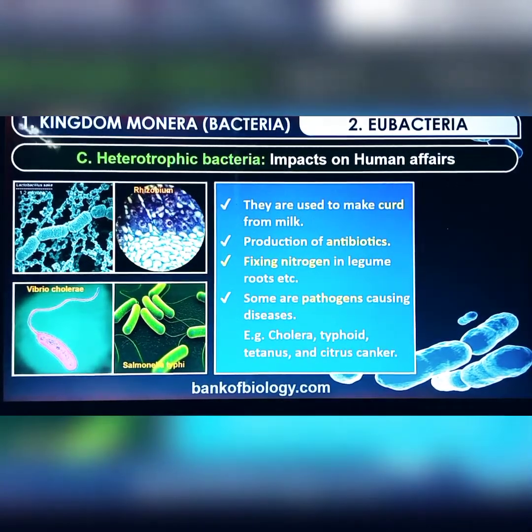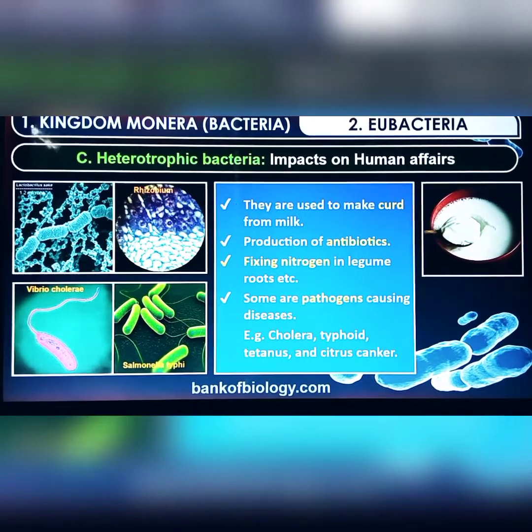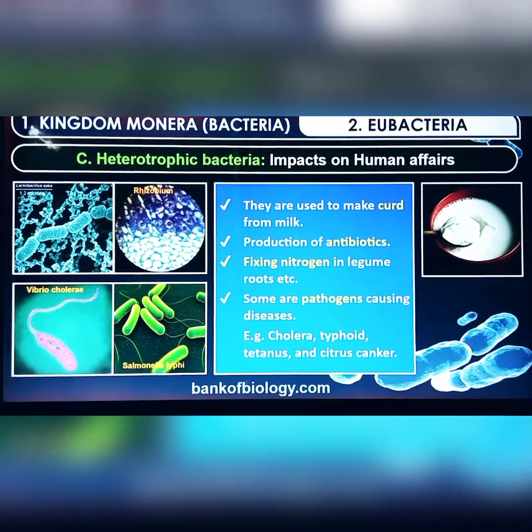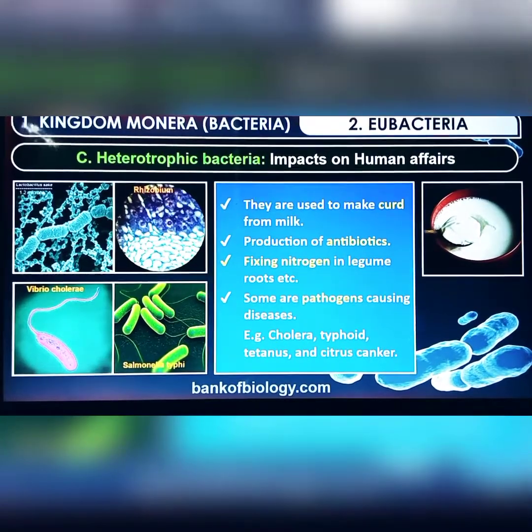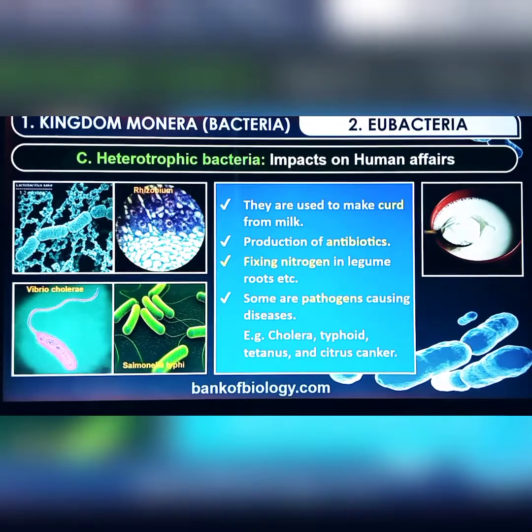Whatever I tell you, these are some points that are mentioned here. They are used to make curd from milk, Lactobacillus, and in the production of antibiotics. With the help of these bacteria we can make antibiotics. They also help in fixing nitrogen in leguminous plants. This nitrogen fixing bacteria works in the roots, and some are pathogenic, causing diseases like cholera, typhoid, tetanus, and citrus canker.